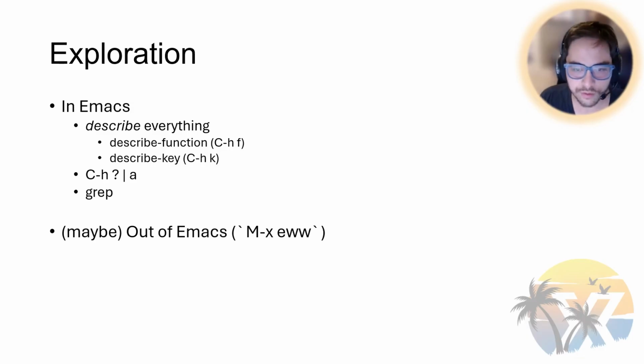Now on to the outside of Emacs, and this is a caveat of maybe outside of Emacs, because if you didn't know, Emacs actually has a built-in web browser called Emacs Web Browser, and you can launch the command with M-x eww.